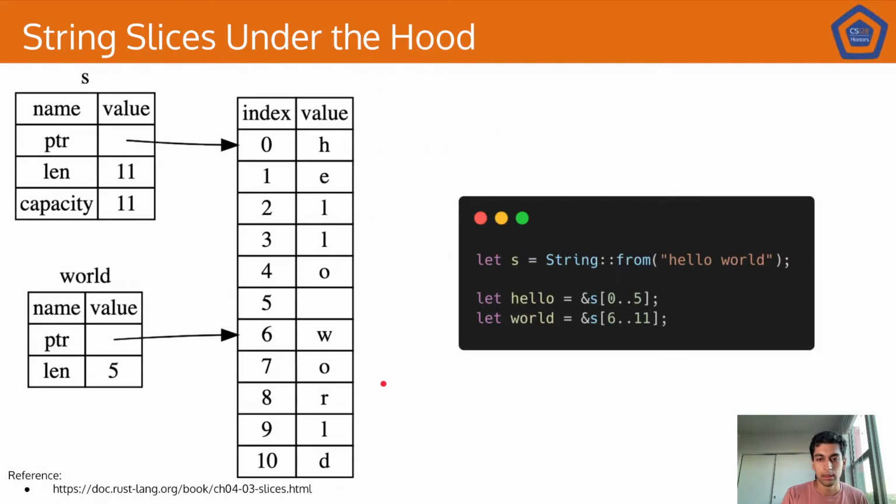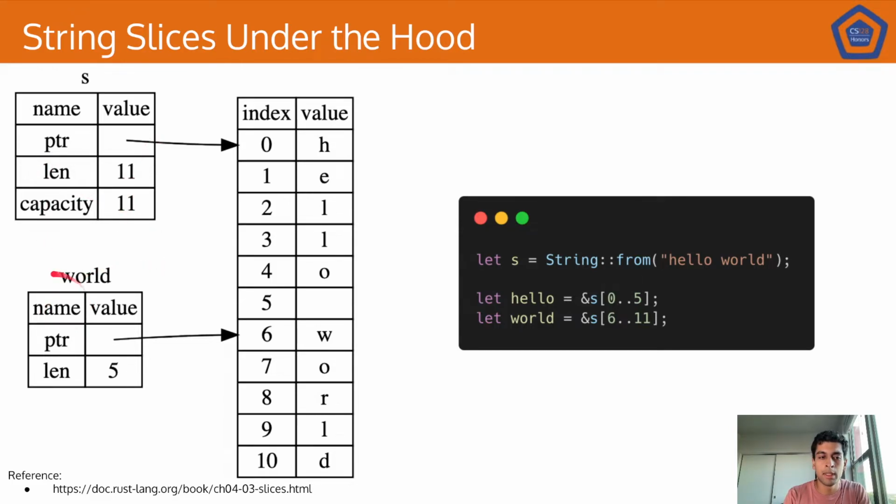Okay. So I touched on this earlier, but I want to go over what string slices look like under the hood. So let's say I have this string s, which is hello world. It owns all of these characters here. And then we have the length of the string 11 and the capacity.